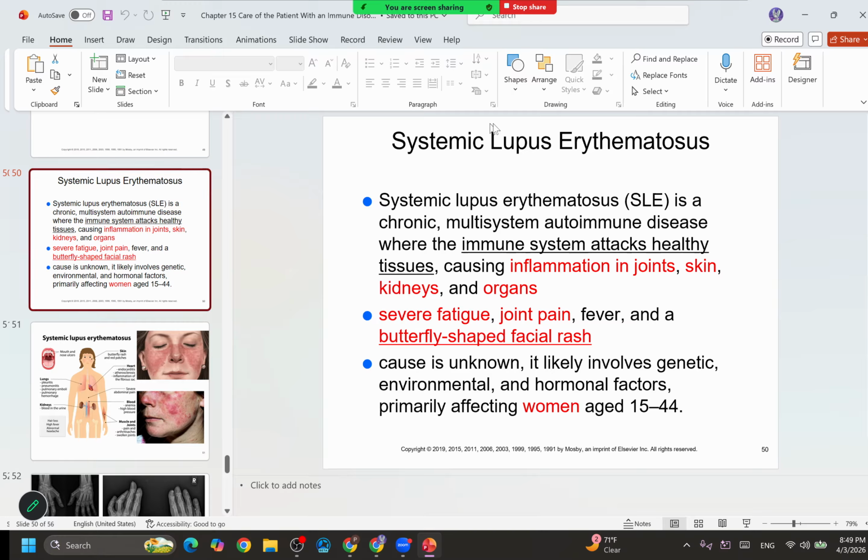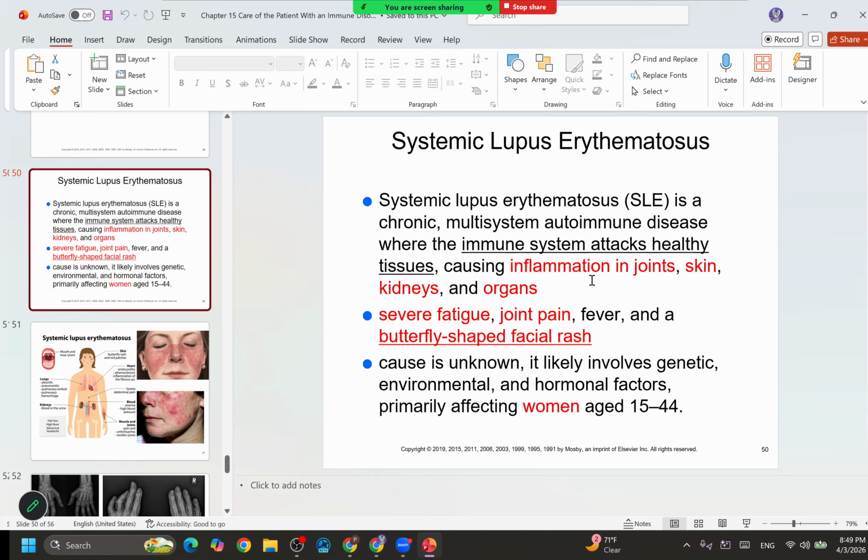All right. What does lupus mean? It's systemic lupus erythematosus, so we call it SLE. We call it lupus, or we call it SLE. It's a chronic, multi-system autoimmune disease where the immune system attacks healthy tissue. It attacks your own body, causing inflammation of the joints, skin, kidney, and other organs.